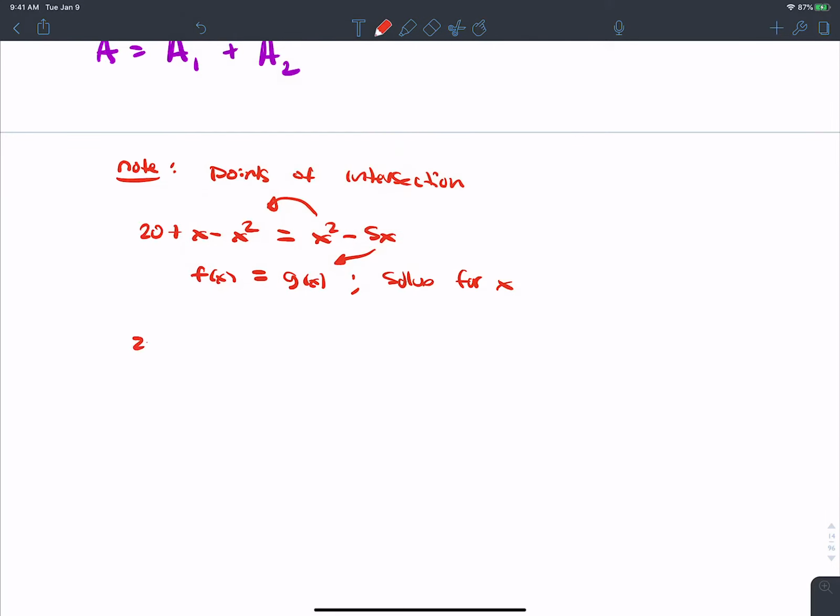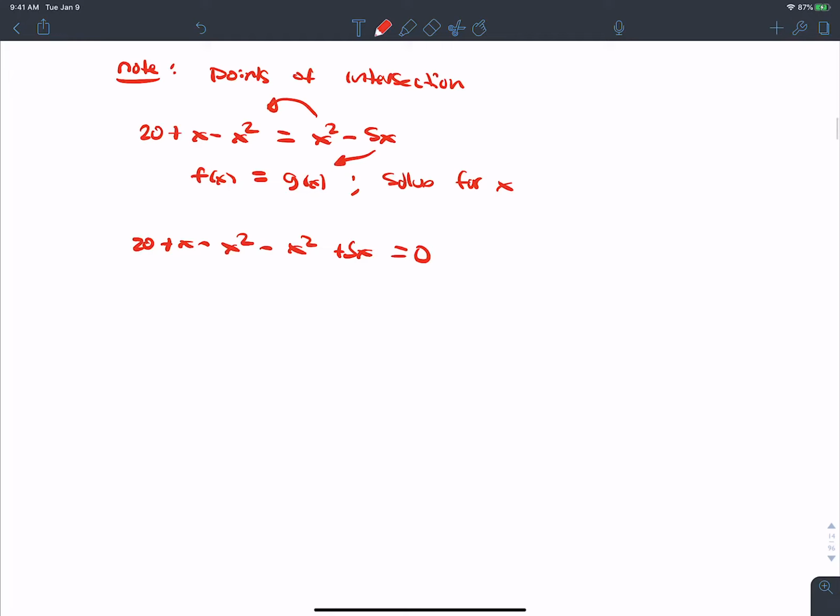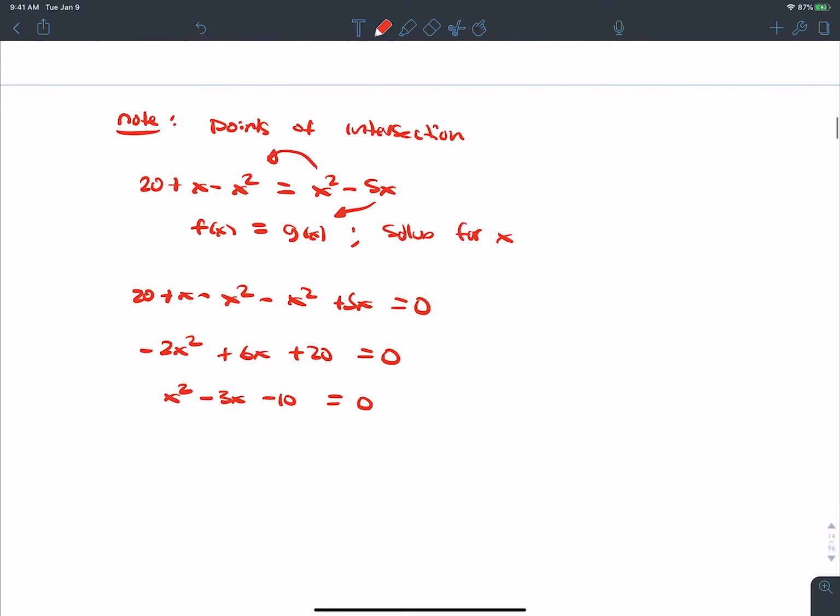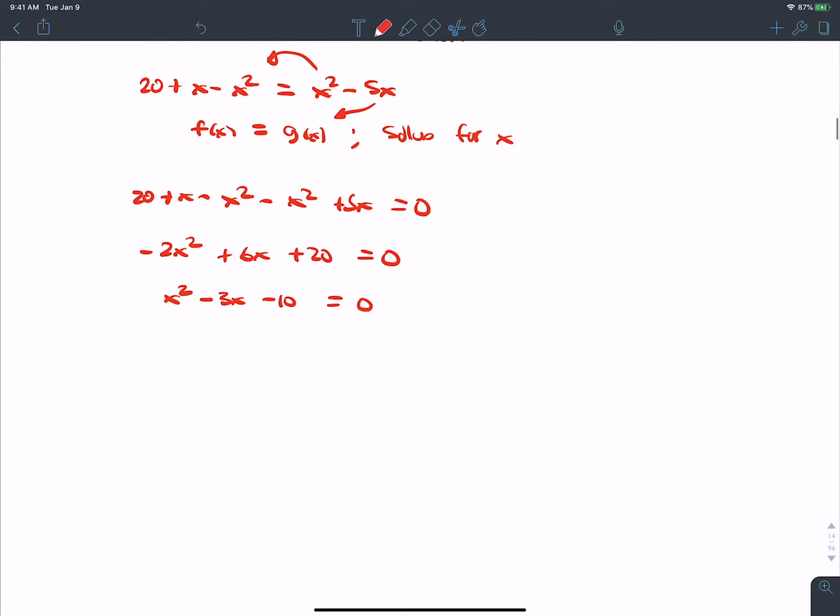So here's what you get: 20 plus x minus x squared minus x squared plus 5x, and that is 0. Negative 2x squared plus 6x plus 20 equals 0. Divide everything by negative 2. You get x squared minus 3x minus 10 equals 0. Is that right? Okay, you guys okay with that?